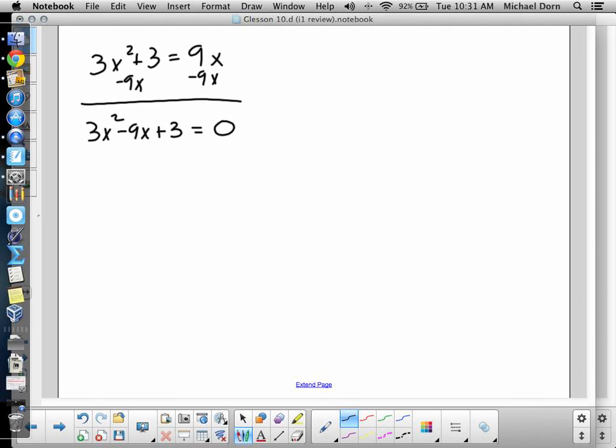So negative b should be positive 9 plus or minus the square root of b squared minus 4ac all over 2a. So again, writing that quadratic formula down in case you don't remember it.